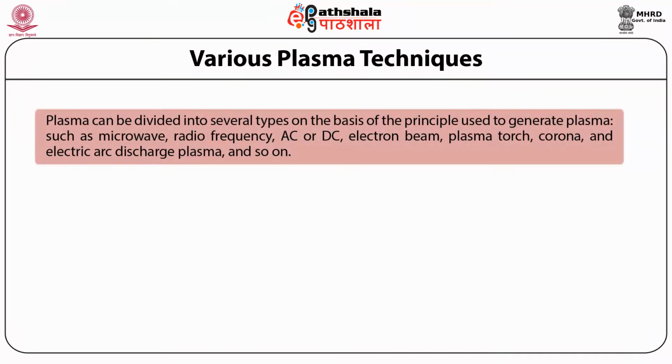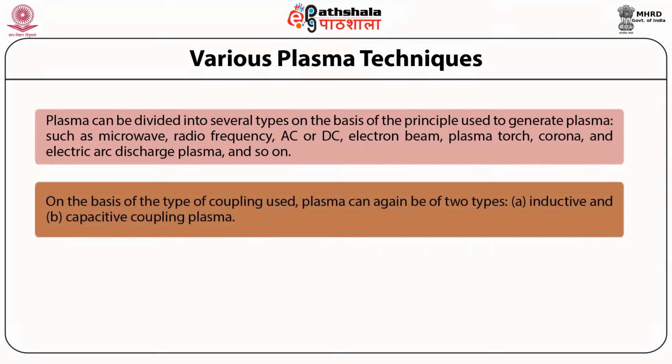Plasma can be divided into several types on the basis of the principle used to generate plasma, such as microwave, radio frequency, AC or DC, electron beam, plasma torch, corona, and electric arc discharge plasma, and so on.